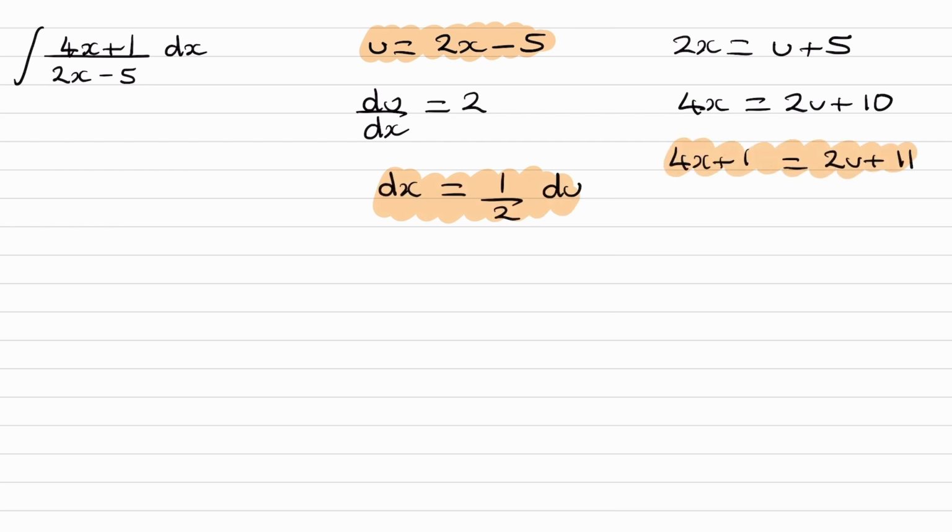So let's do that now. The integral then becomes, the numerator becomes 2u plus 11, the denominator becomes u, and the dx has become a half du.